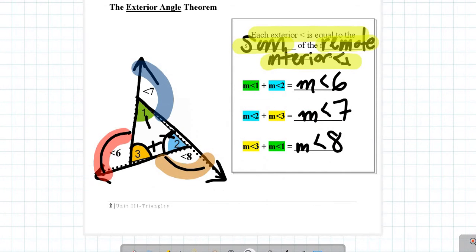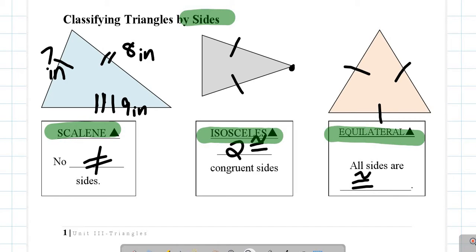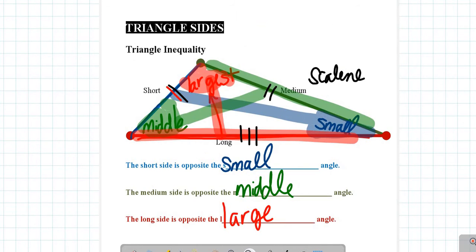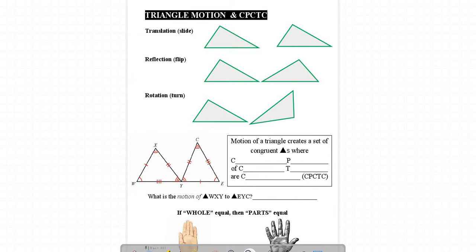All of these talk about relationships within a single triangle. Now we're going to talk about relationships between two triangles.